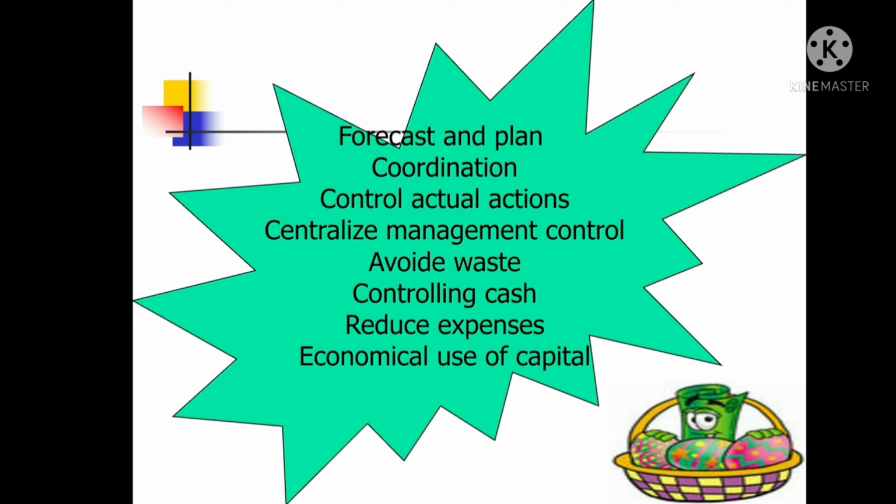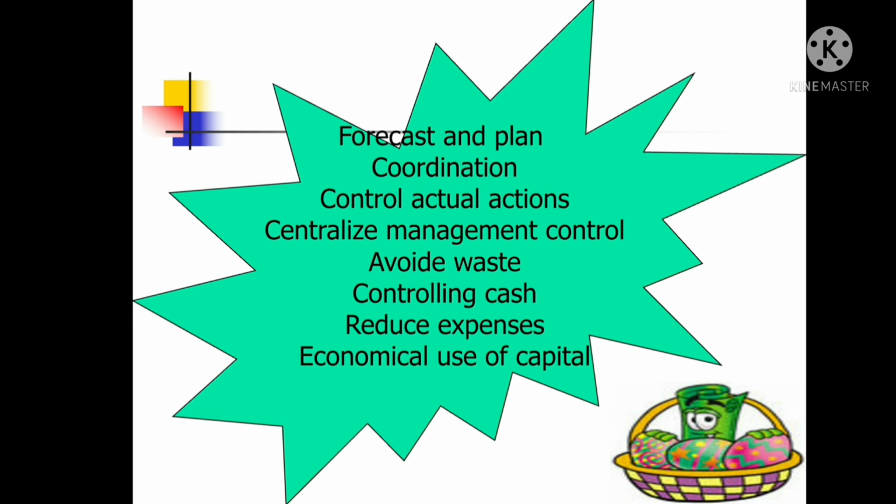Then coordination of this, then control of actual actions, then centralize the management control, then avoid waste, controlling cash, reduce the expenses and economical use of capital. Each point has its own explanation. It's a tool for the forecast of the organization's plan.